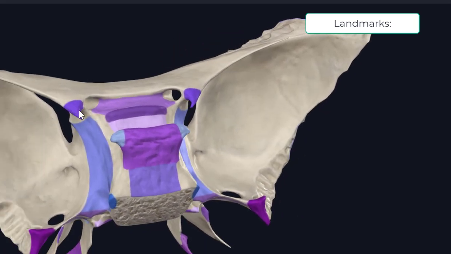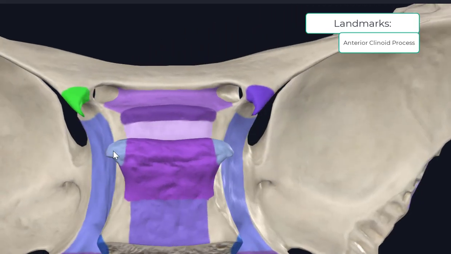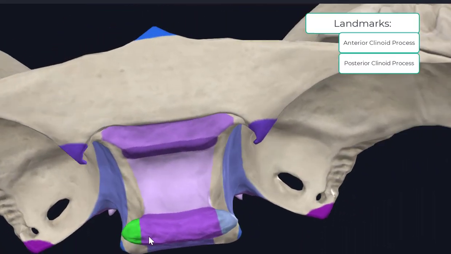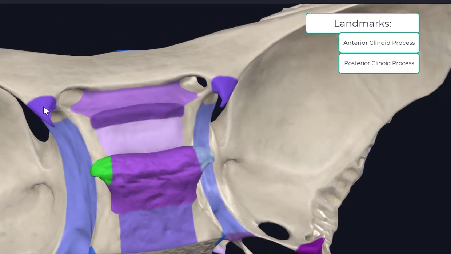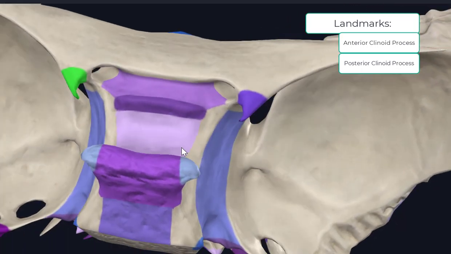First of all, we can distinguish the spikes called the anterior clinoid processes on the lesser wings. Because we have anterior, obviously we are going to have posterior, and here you have the posterior clinoid processes. Now, what is the function of that? On its corresponding side, each anterior clinoid process provides attachment sites for the tentorium cerebelli and diaphragma sellae.